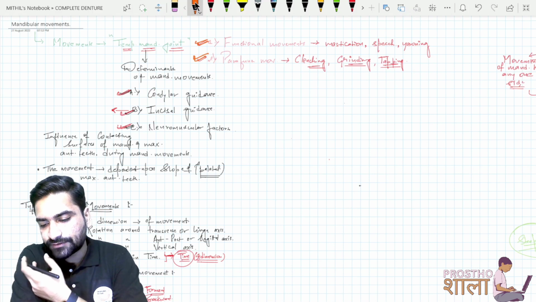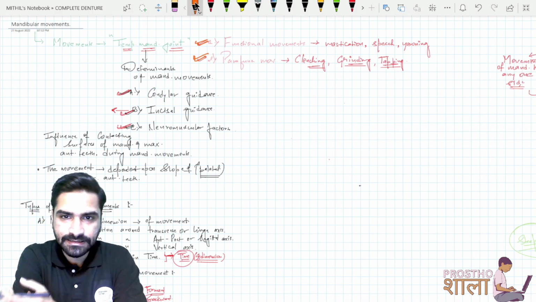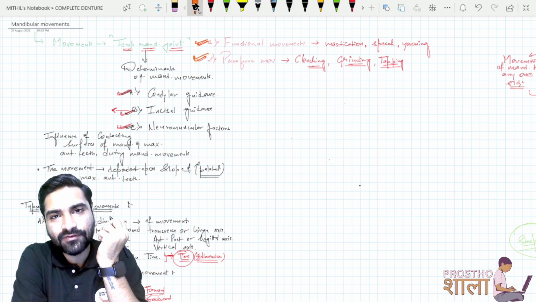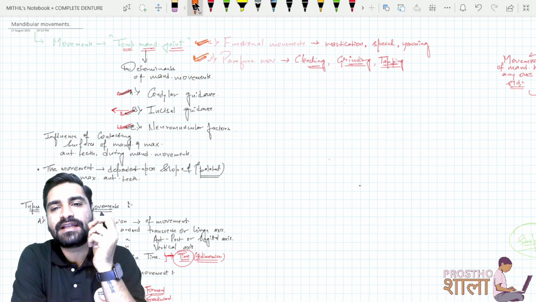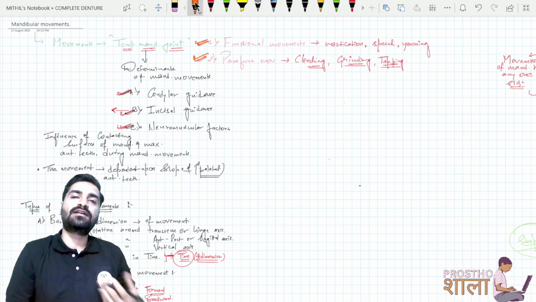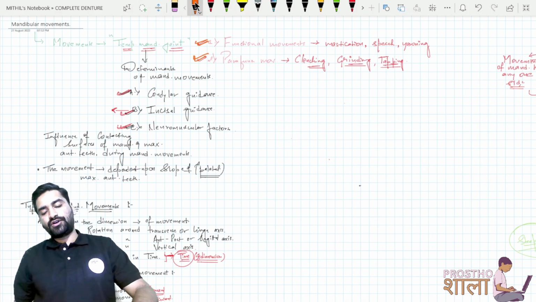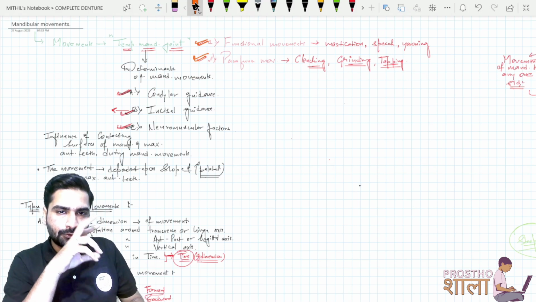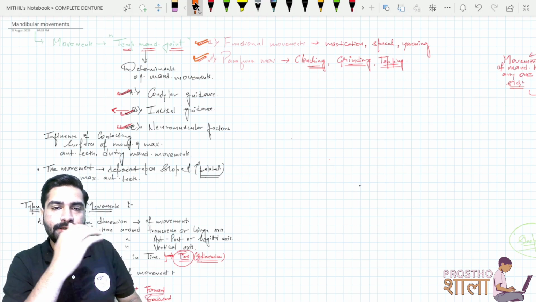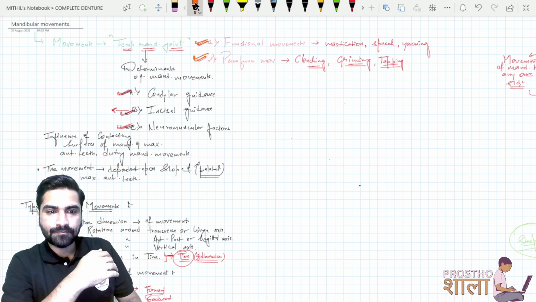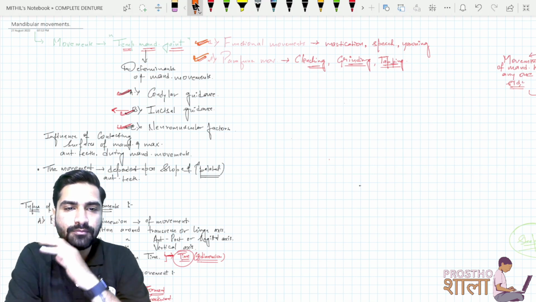All those movements will be considered as your functional movements. Any unnatural, non-characteristic movements like clenching of the teeth, tapping of the teeth, grinding of the teeth, right? All those movements are unconventional movements which are not going to help us in a functional way. Okay, so mainly two types of movements: the functional movements as well as the parafunctional movements.